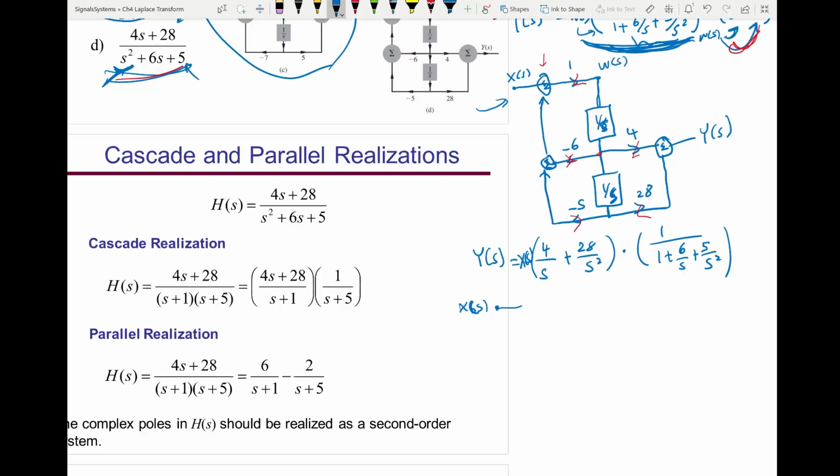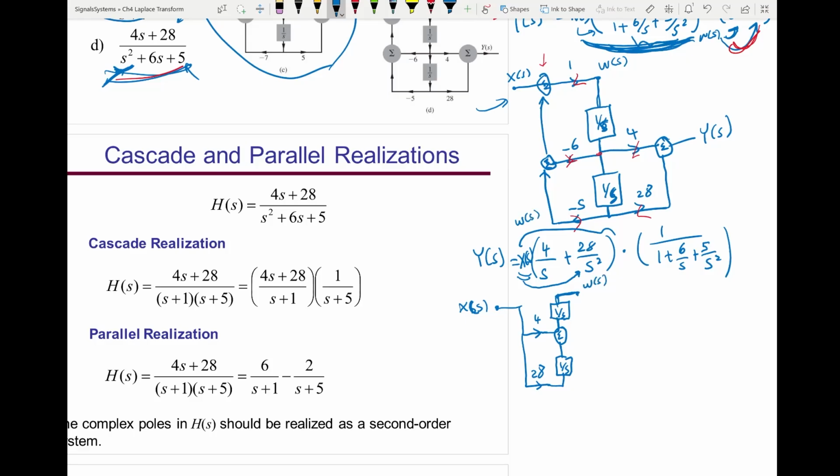It will be amplified by 4, then go to an integrator. Then X of s will go to amplification of 28 and a second integrator. So that will be the first integrator, and that's the second integrator, and it comes here. And the whole thing here is W of s.